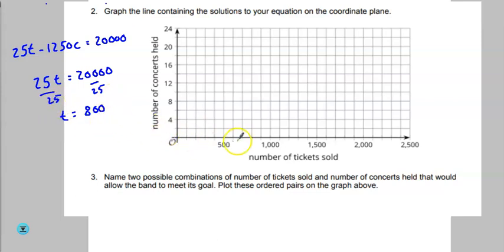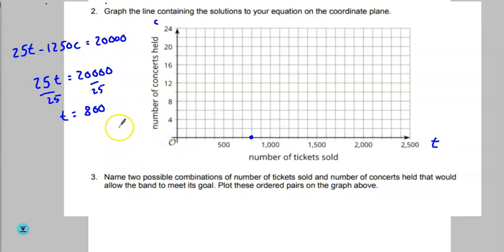So these are the tickets, this is your T, this is your concert axis. The intercept is 800 right there. So what that's saying is if you didn't have to pay for any of the cost of the concerts, if you could just sell 800 tickets, you would raise the $20,000.